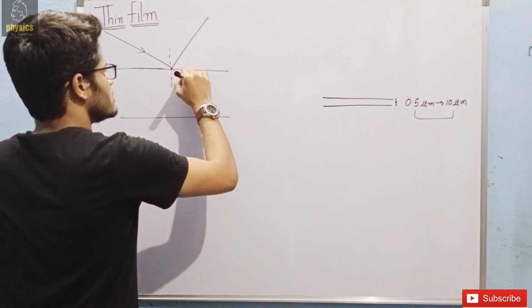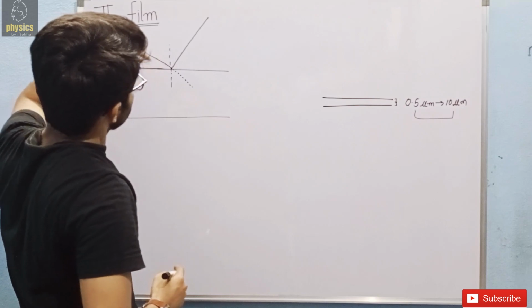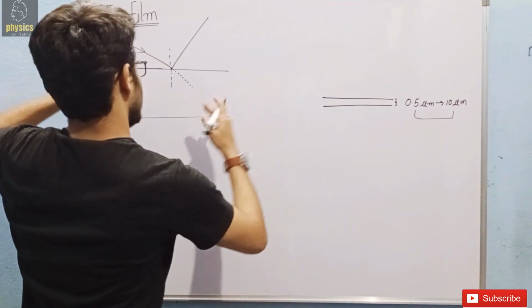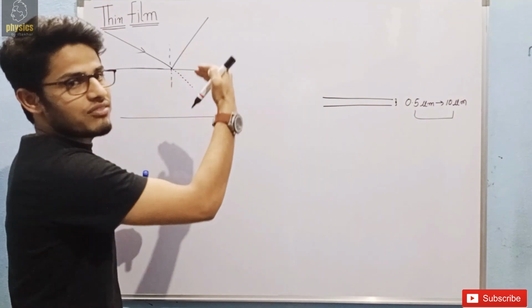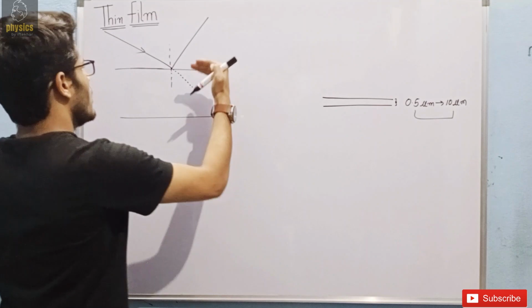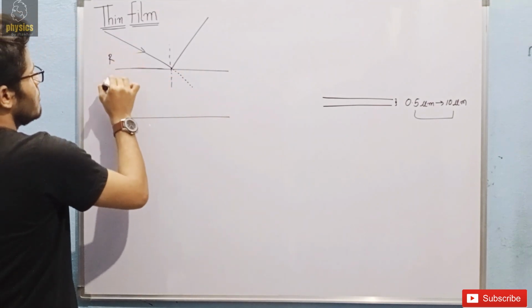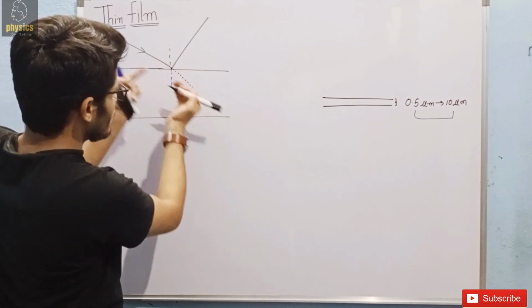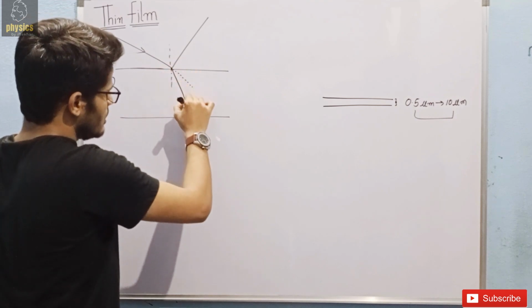This is the original direction, but because of the change of medium, the light will bend towards the normal because the light is traveling from rarer to denser. Always remember, when light travels from the rarer medium to the denser medium, the light will always bend towards the normal.